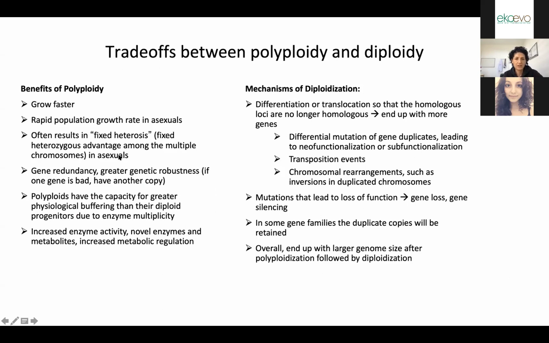And if they reproduce asexually, the fitness heterosis passes from generation to generation faster, and because of the many genes, they have a very high increased enzymatic activity.